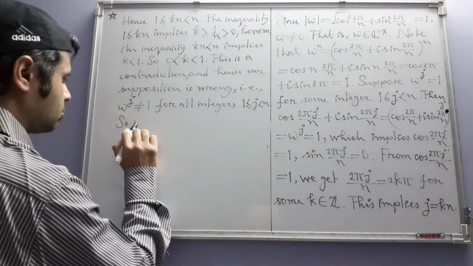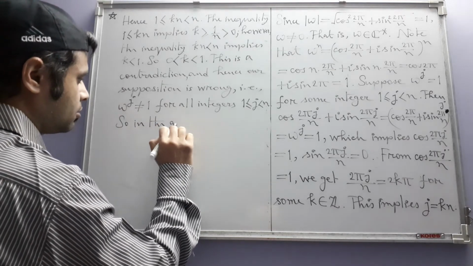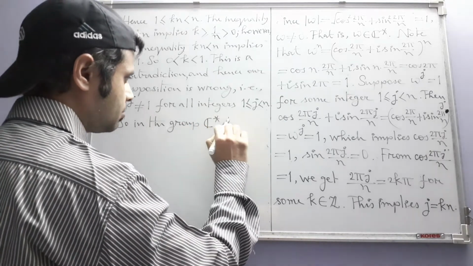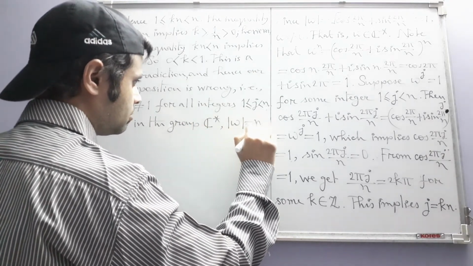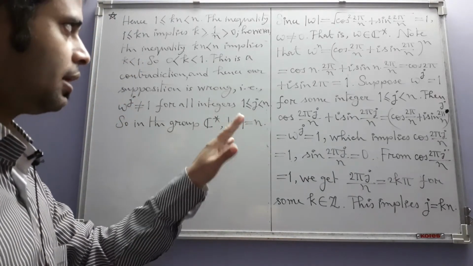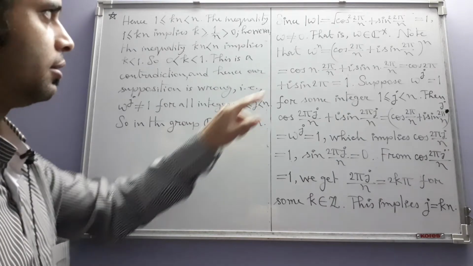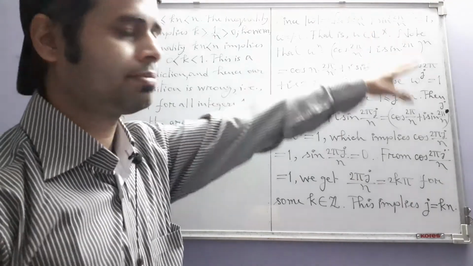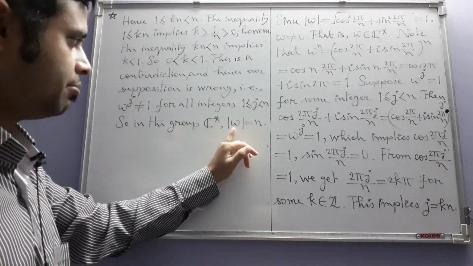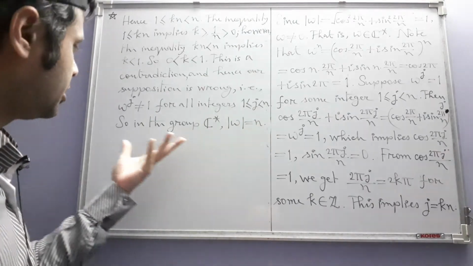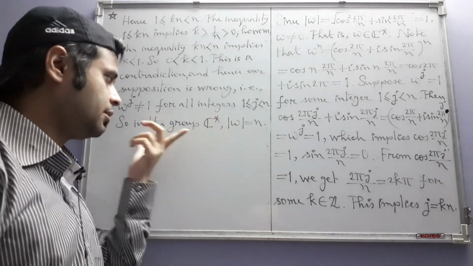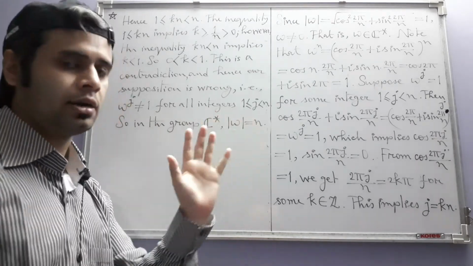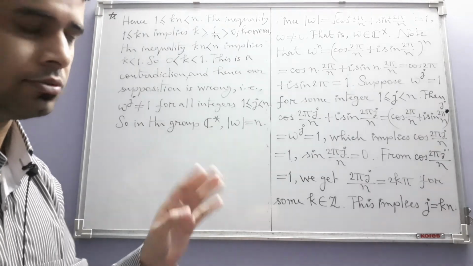So in the group C star, this is equal to n. We are having a notational difficulty here. This symbol simultaneously means, because this is a complex number, the absolute value, but also it means the order of the element omega. So in the group C star, when you see this phrase, you should understand that this means order, not an ordinary absolute value.